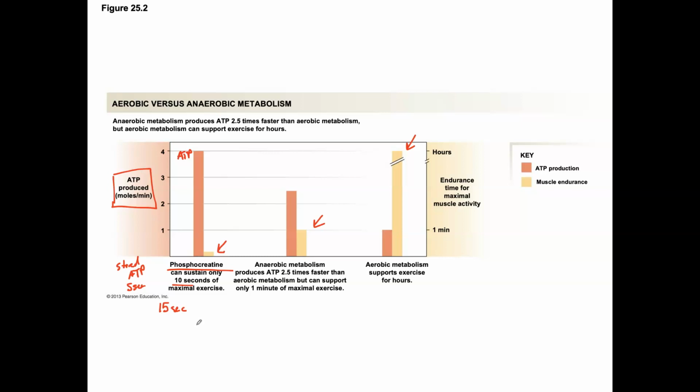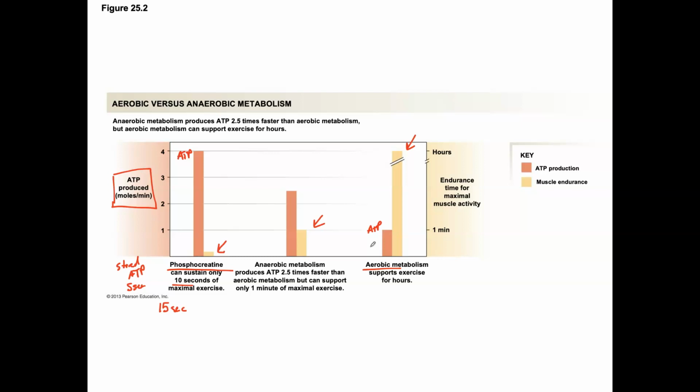Glucose and fatty acids are used during aerobic metabolism to produce ATP. If you are talking about aerobic metabolism, although the production of ATP takes longer, because you actually have to go through glycolysis and the transition reaction and the Krebs cycle and the electron transport chain for glucose, or you have to use beta oxidation for fatty acid metabolism.